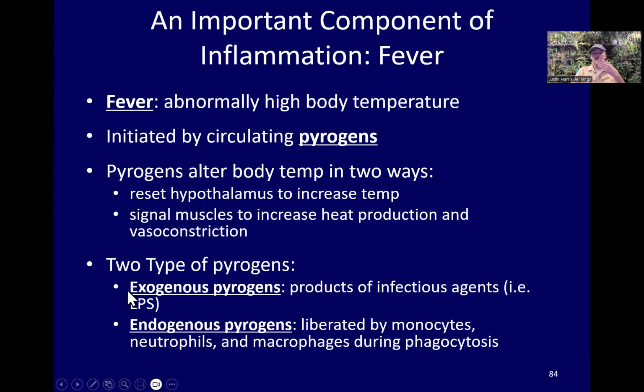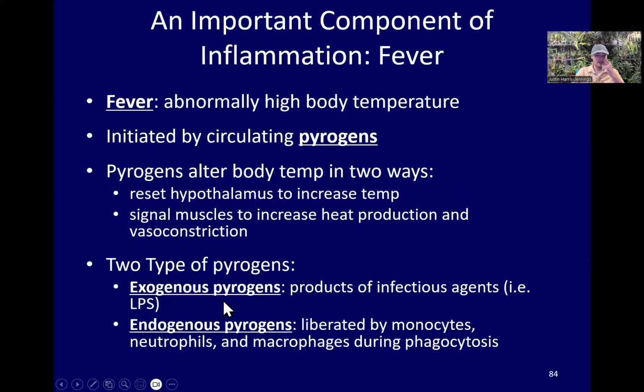And so we have those exogenous pyrogens, which exist inside those cell walls and are produced and released by the bacteria itself. LPS is not released by itself. LPS is only released after the degradation of the bacteria, I believe, or after the killing of the bacteria.